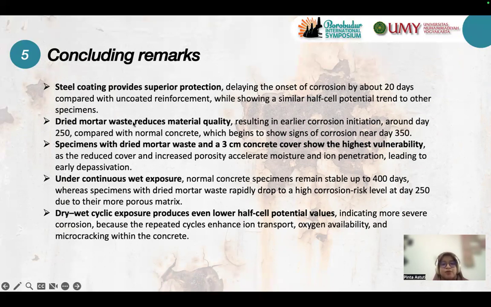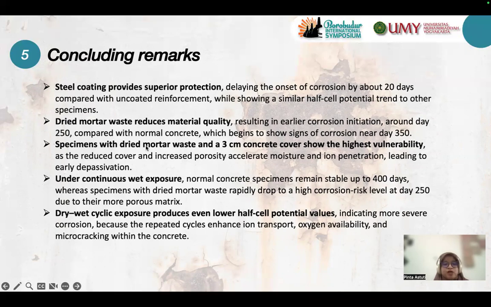Second, dried mortar waste reduces material quality, resulting in earlier corrosion initiation around day 250 compared with normal concrete, which begins to show signs of corrosion near day 350.